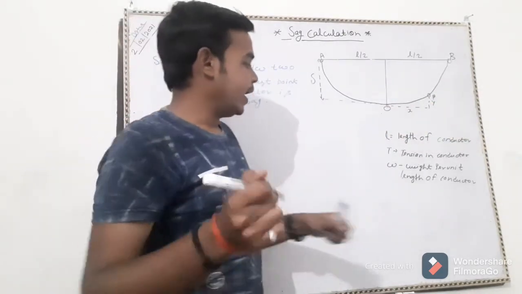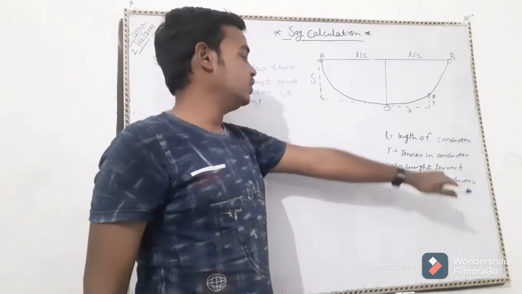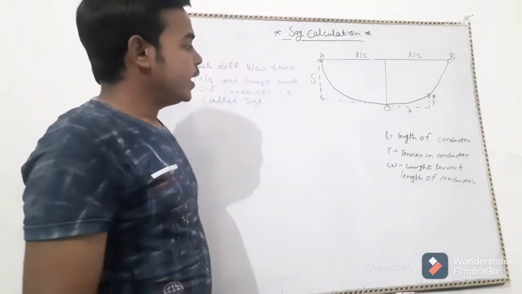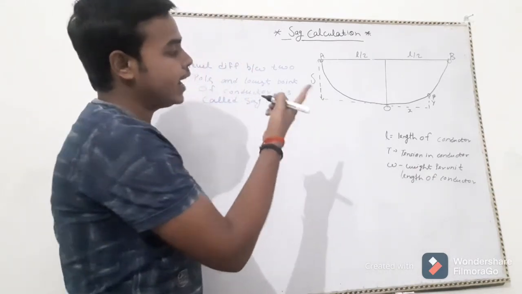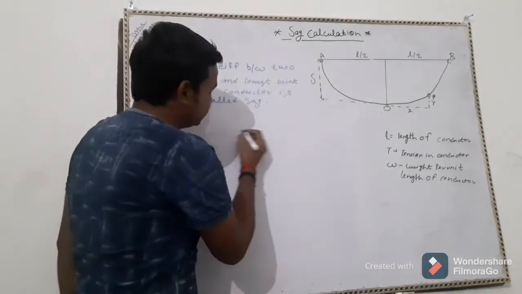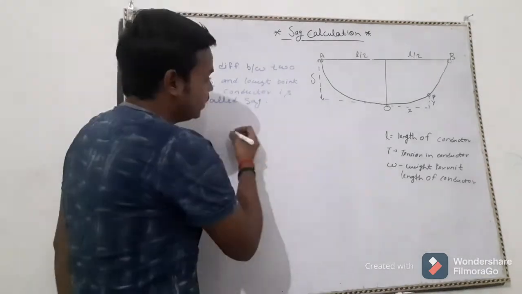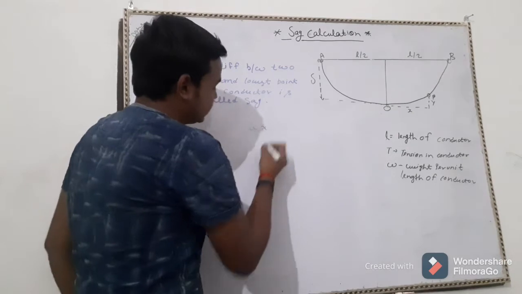We know as here mentioned W is the weight of conductor. Then the gravitational force at point P, what will be? Gravitational force at point P will be W into x.